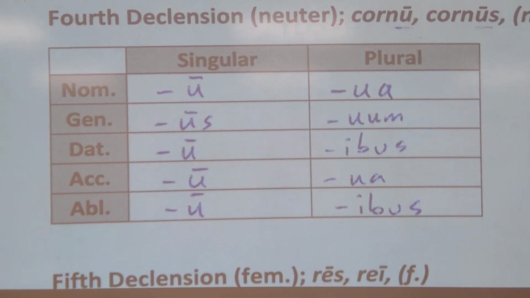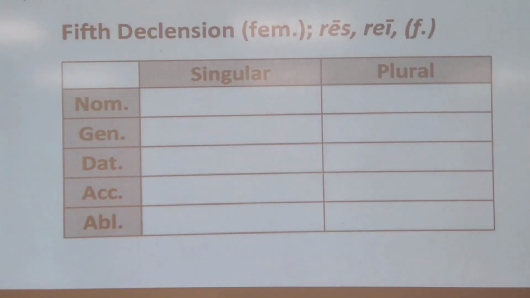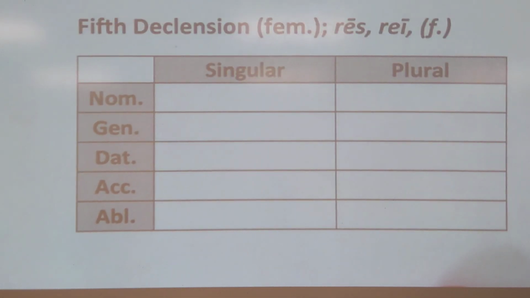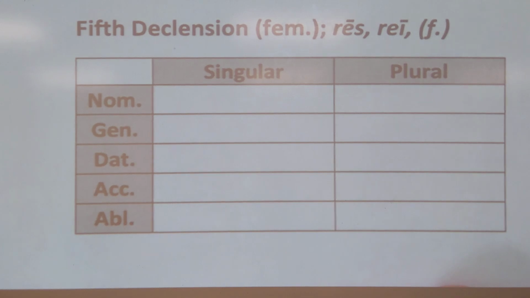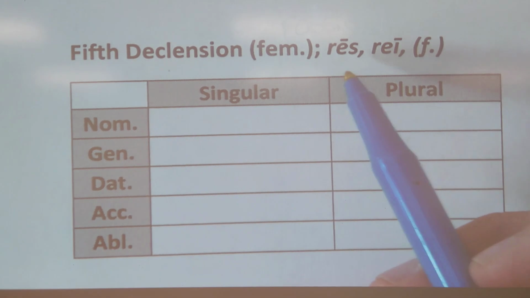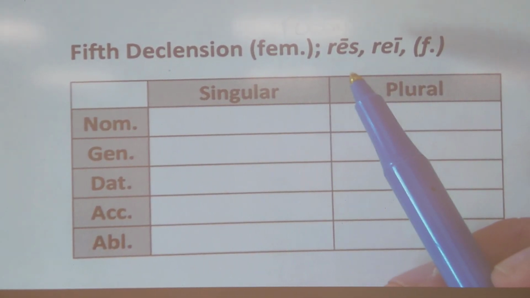Finally, let's move on to the fifth and last declension. This one also is a little weird, but mercifully, there just aren't that many fifth declension nouns in the Latin language. While the words that are fifth declension are really important words, like say res, rei, which means thing. Think how common that word is. And the word dies means day, right?